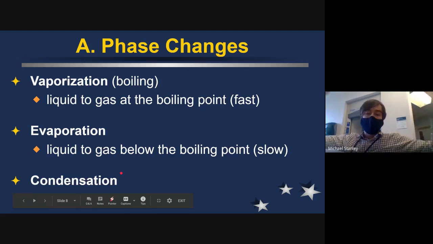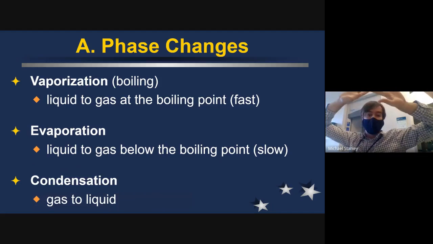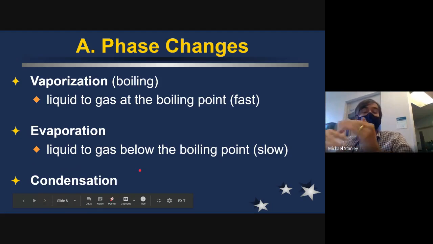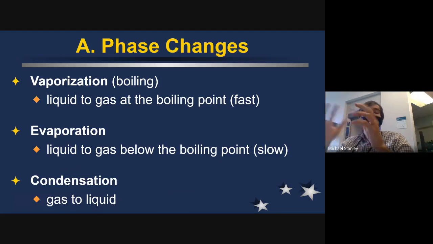There's a whole bunch of water vapor, which is a gas, floating around in the atmosphere above us. Eventually, it'll cool down to the point where it starts to clump together and form clouds at first. And then eventually it'll cool down enough and there'll be enough water around to where the water vapor starts to clump together and form little water droplets that then fall down to the ground as rain.